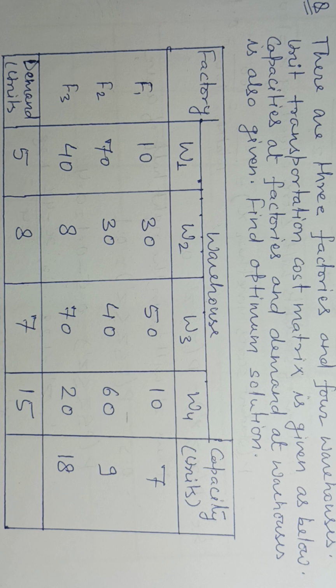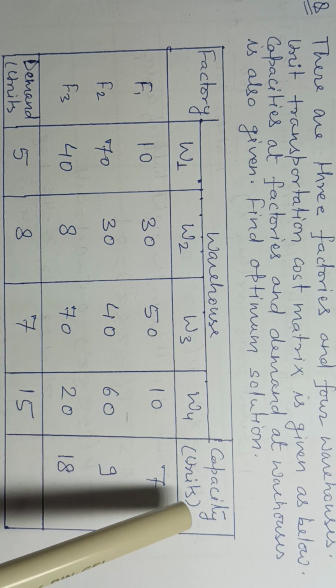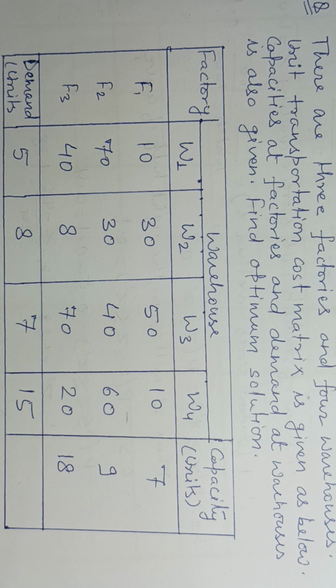How will we check? We will check the demand and capacity. Capacity means supply. So this should be equal. If not, we will have to add a dummy row or column as per our requirement. So here we will check 5, 8, 13, plus 7, 20, and 15, 35.